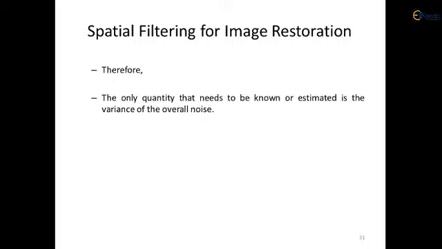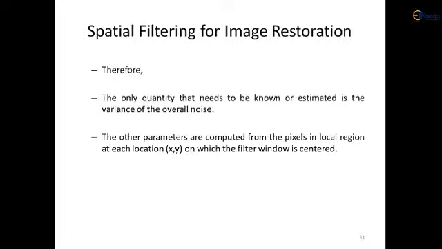And another parameter is also computed from the pixels of the local region. So each location defined by x comma y, for which the filter window is centered, is shifted from the left upper corner to the right, and from top to downwards.